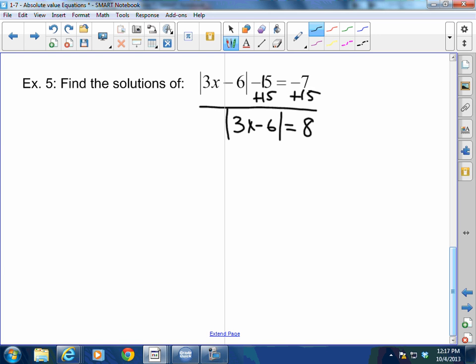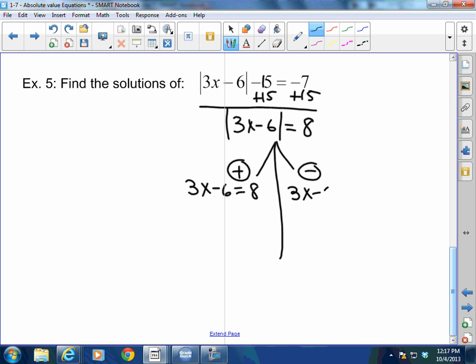Now for giggles, let's just go ahead and do it. Positive side, negative side. My positive side is the mirror image. My negative side, you multiply the non-absolute value side by a negative. Yes, sir? When I added the 5, negative 7 plus 5 is negative 2. Absolute value cannot equal a negative. Thank you.